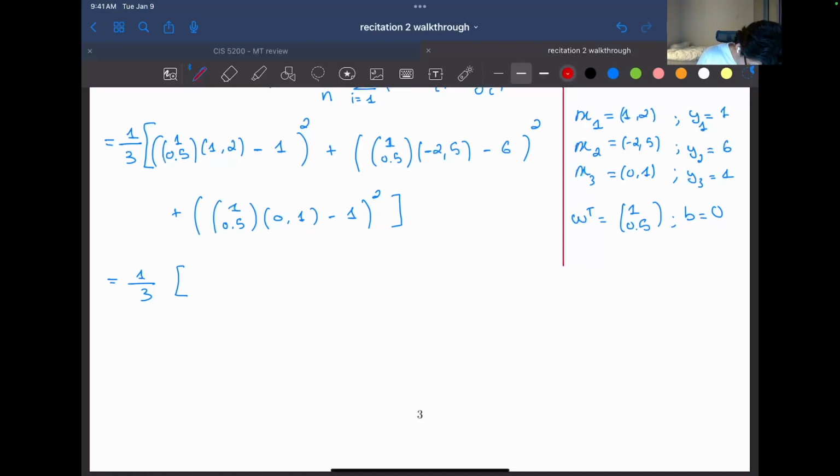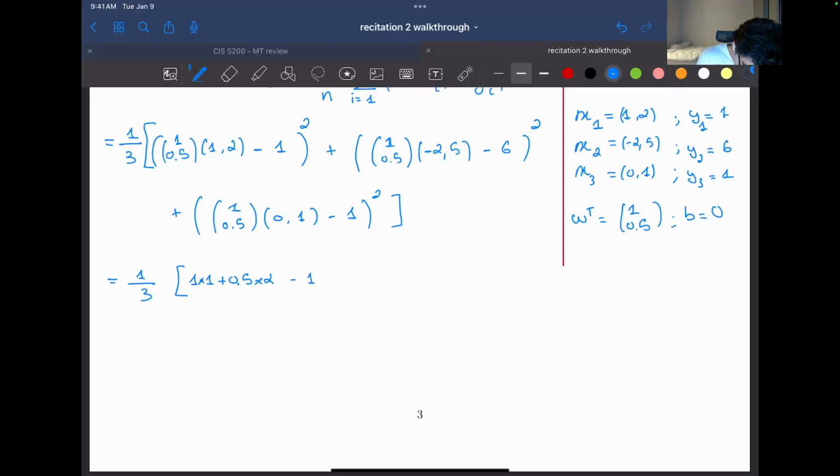Okay, now let's look into this guy a bit. Here we have 1 times 1 plus 0.5 times 2, so plus 1. This is going to give us 2. Let's write it out for the first one: 1 times 1 plus 0.5 times 2. Those are times, don't get confused, this is a dot.